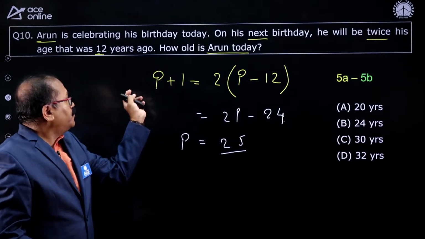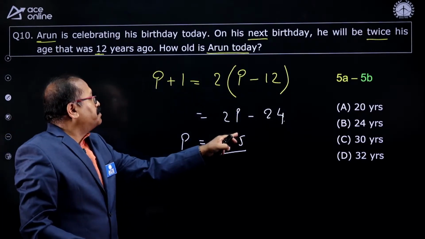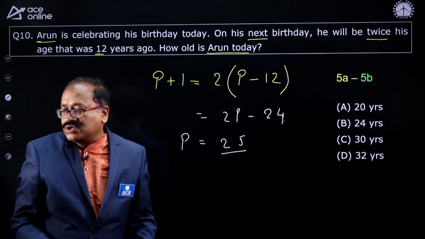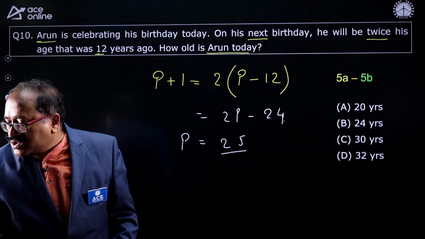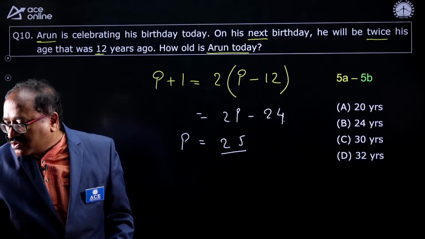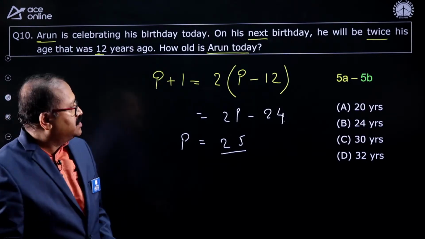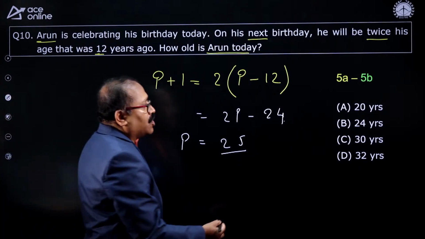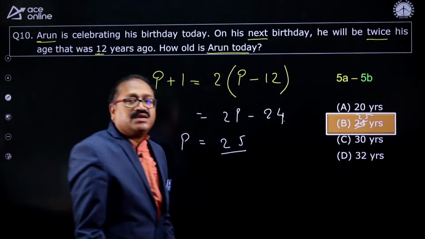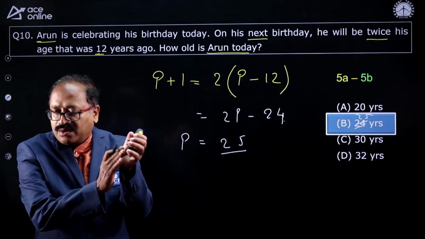So when the P comes over here, that becomes P, and 24 plus 1 is 25. I think the option is not there. The question is 25 years? Yes, that's right, sir. So the option is not there here. I will change this to 25 years. Right, sir? Okay. Well done, Aman.